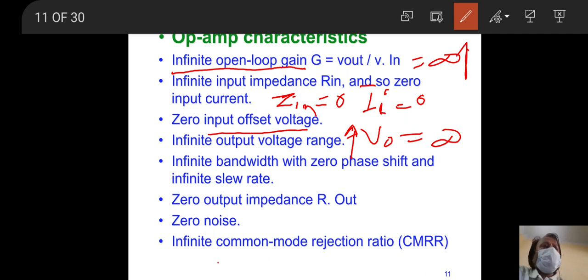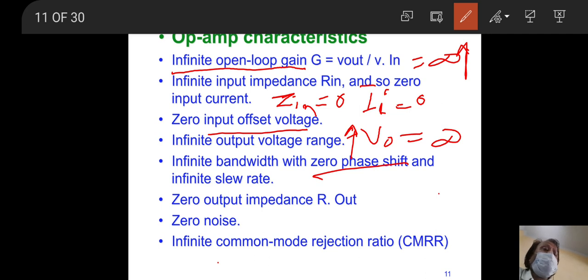This is also very high. So infinite bandwidth with 0 phase shift is very important. When more bandwidth is required, you need 0 phase shift. When the phase shift is 0, you get infinite bandwidth.